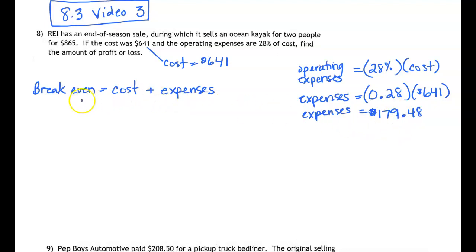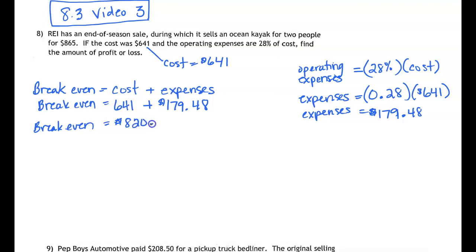Now we can go back and find the break-even point. That break-even point is the cost of $641 plus the expenses we just calculated, $179.48. Putting all of that together, the break-even would be a total of $820.48.